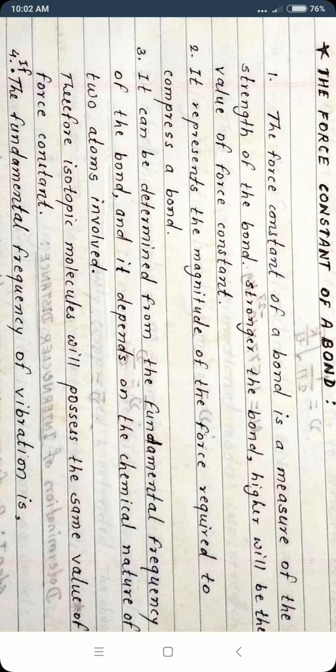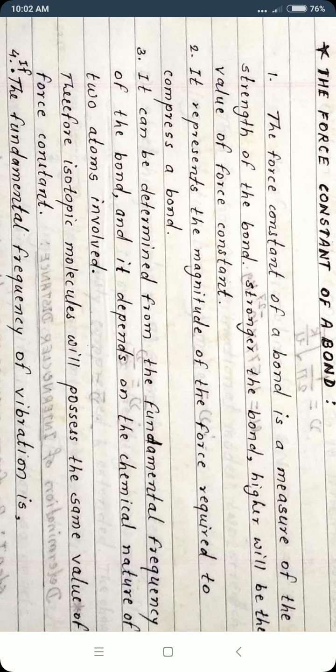That force constant represents the magnitude of force, that is, how much force is required to compress or stretch a bond during vibration.